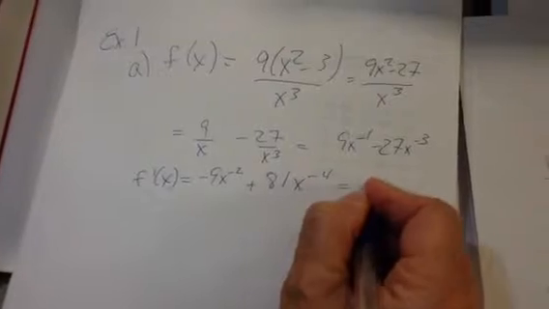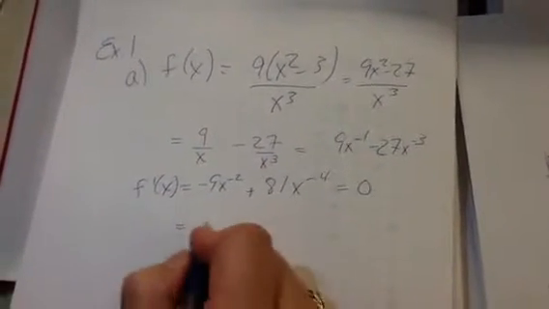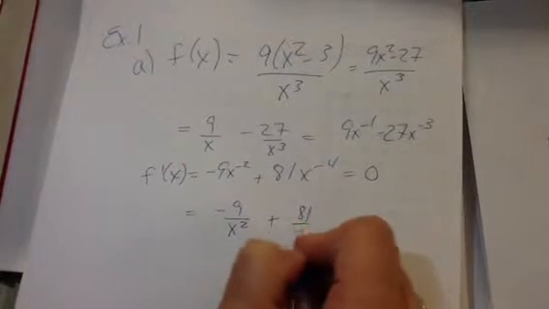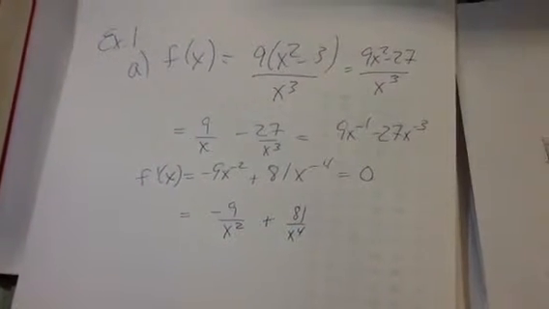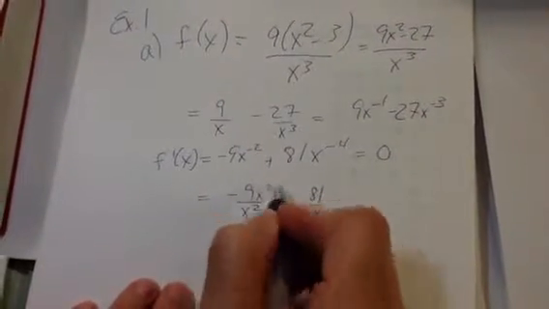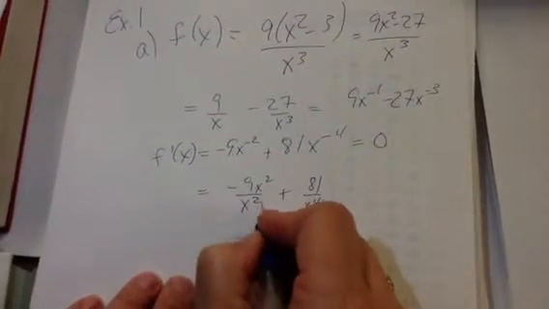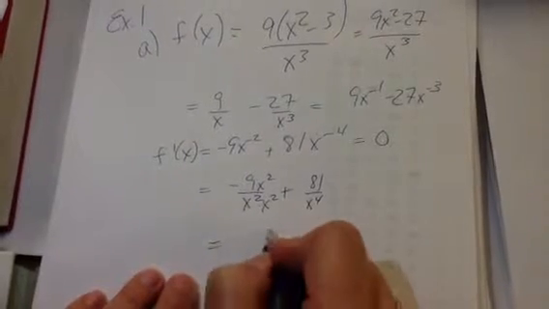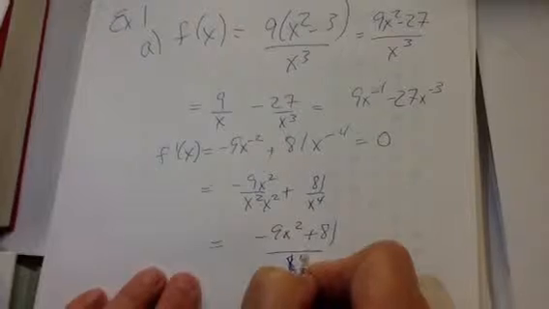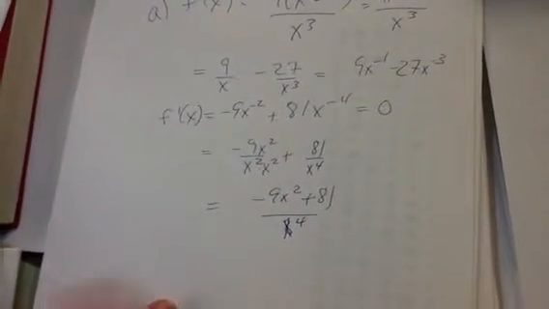Now the problem is I have negative 9 over x squared and 81 over x to the 4th. I need a common denominator. So I'm going to multiply this by x squared. Now I have negative 9x squared plus 81 over x to the 4th. What part's going to make my fraction equal to 0?